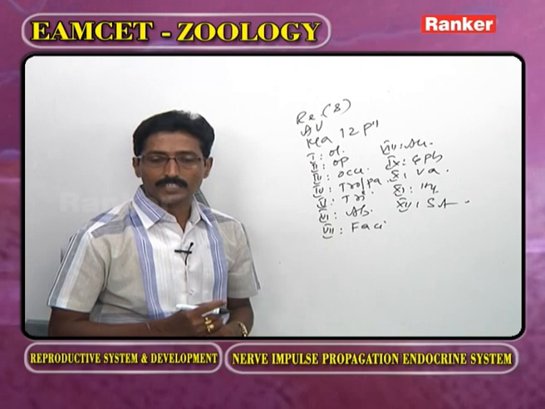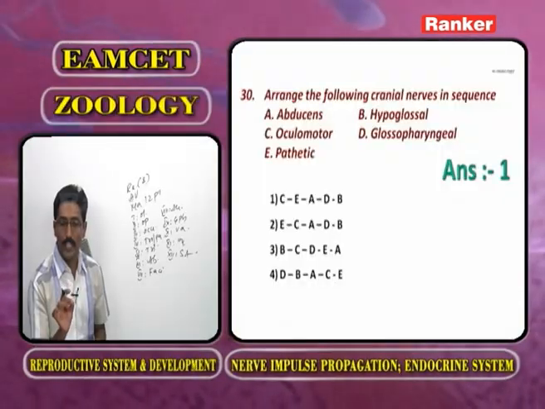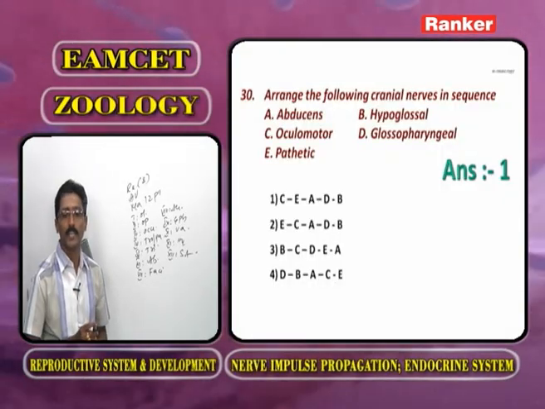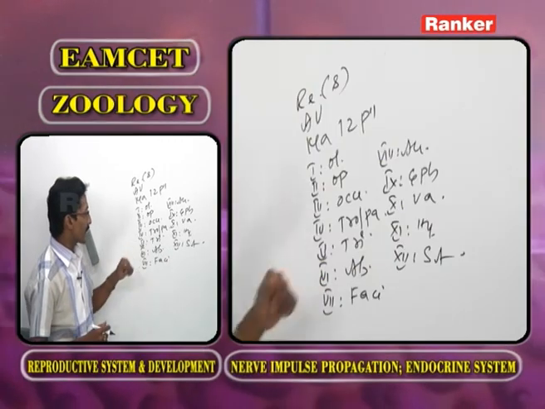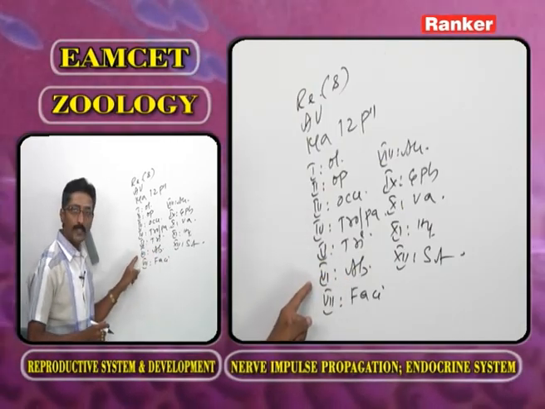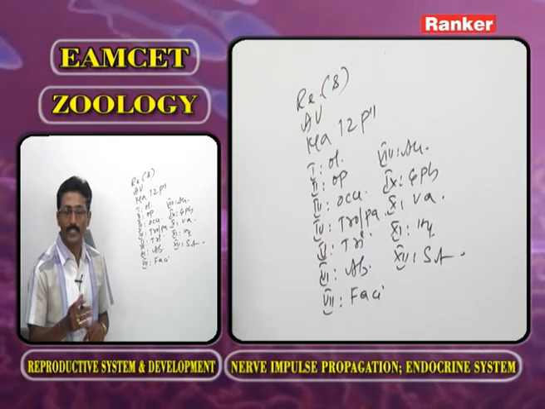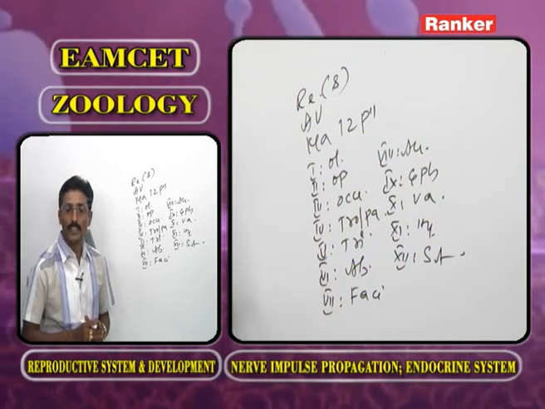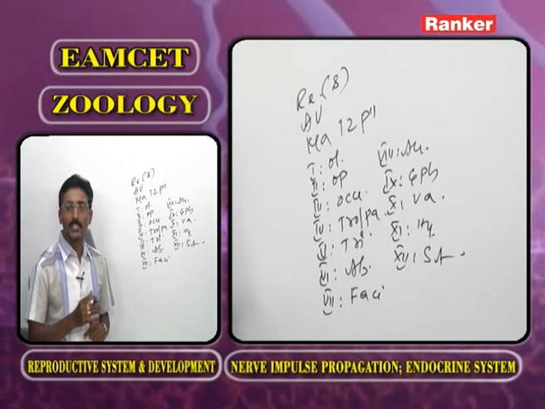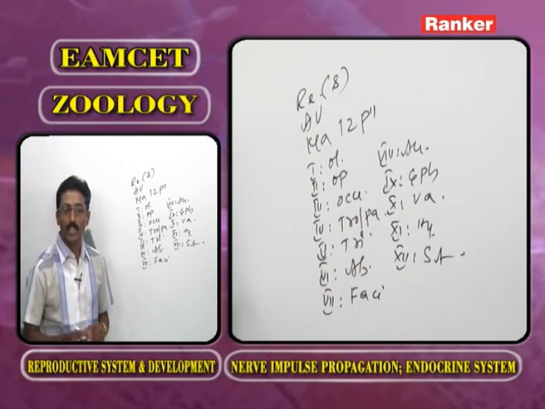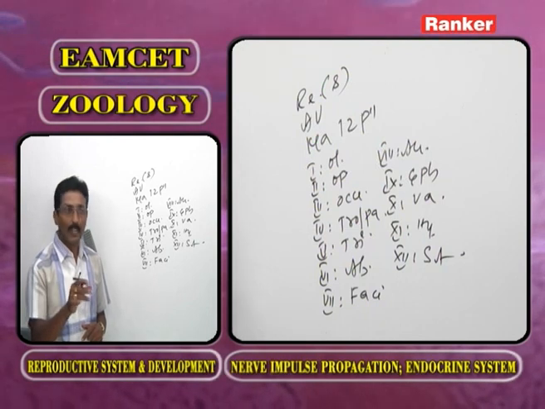Here what they are asking is to arrange the following cranial nerves in a sequence. Take for example abducens, that is the 6th pair of cranial nerve. What about the hypoglossal? That is the 11th pair. The glossopharyngeal is the 9th pair. The oculomotor is the 3rd pair. The trochlear or pathetic is the 4th pair.